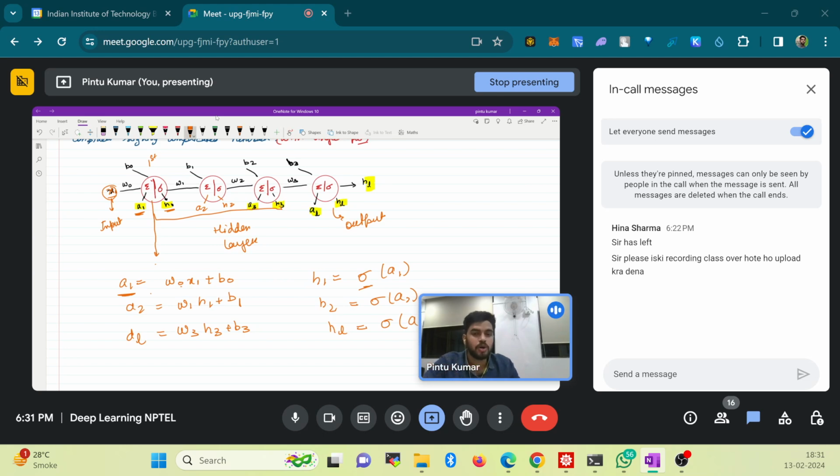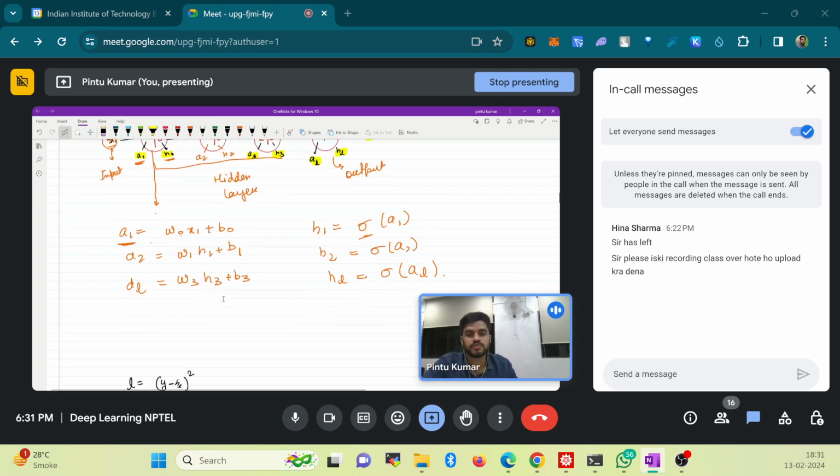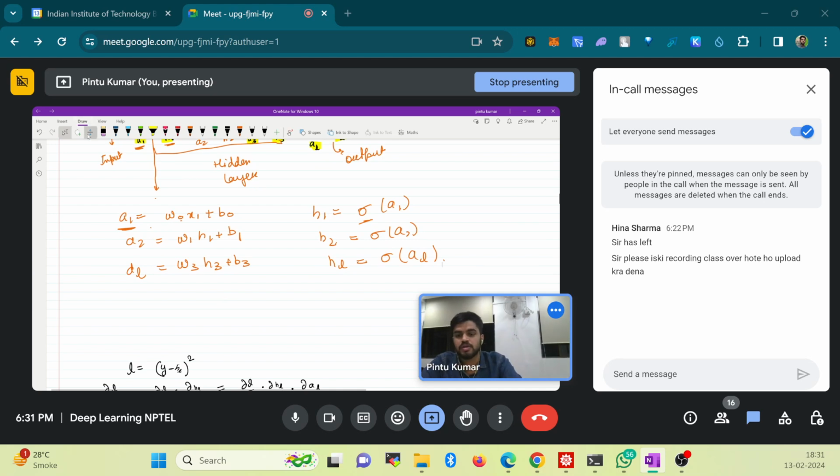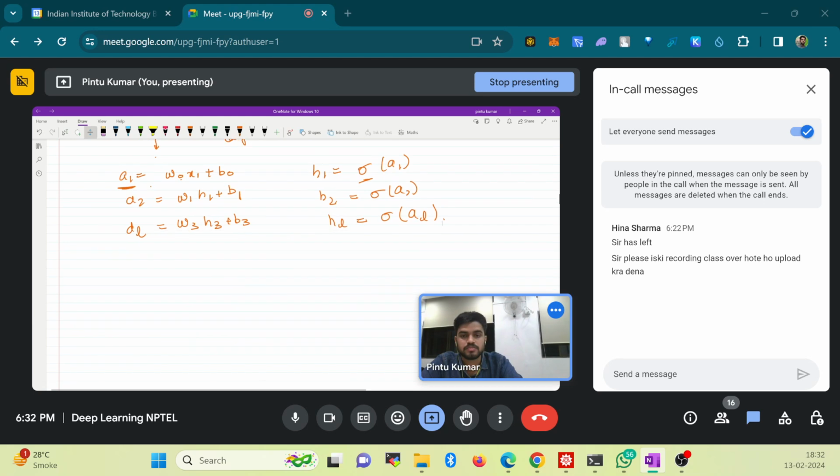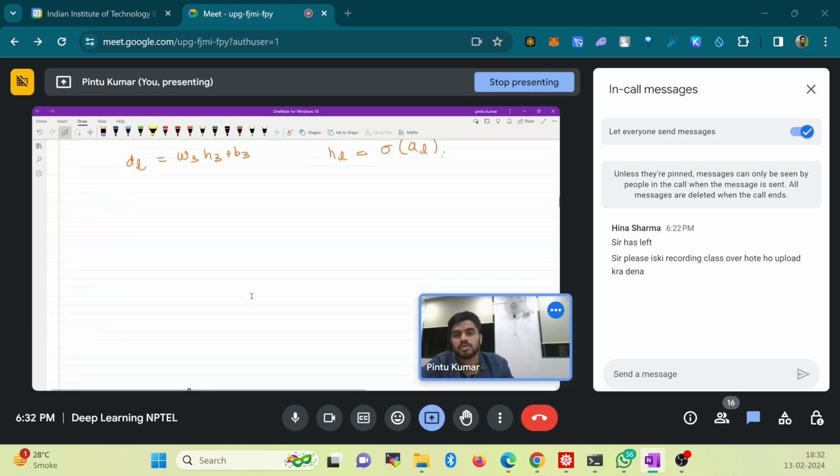Okay, and on top of it you will have some loss function. Your loss function can be defined as y minus HL square. Okay, and our role is to minimize this particular loss function.